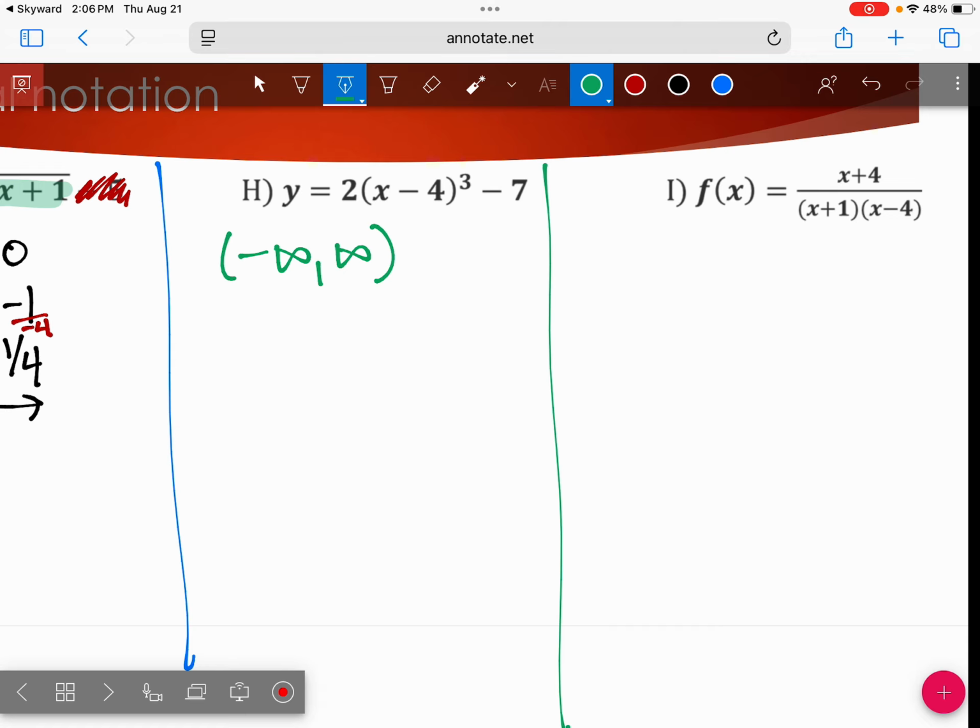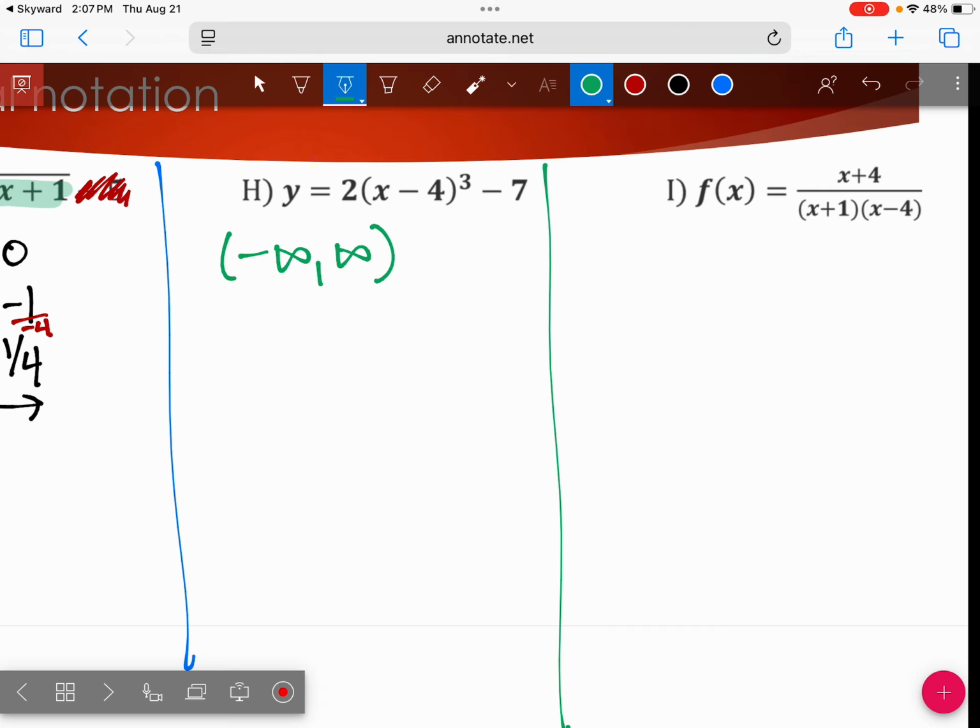Yeah, one flag with 2 pieces. So that means I got 2 things that I have to take out of my domain. We can't cancel it because it's an x plus 4 and an x minus 4, so we can't cancel that. And even if we could, we wouldn't, because we're going to talk about that later.